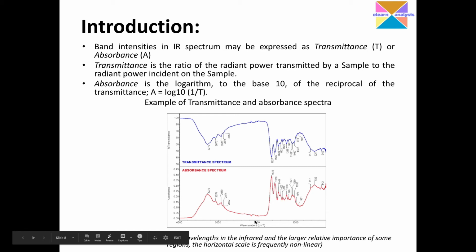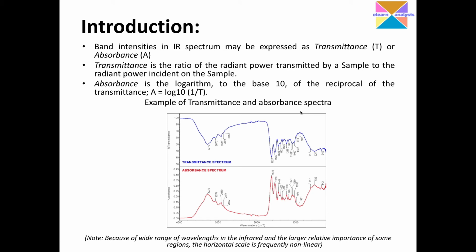Rather, they prefer to condense this particular region. That is simply a practical reason to accommodate all the peaks on a small screen. Because of the wide wave number range in the infrared spectrum, we tend to collapse this horizontal scale, and frequently it is a non-linear scale.